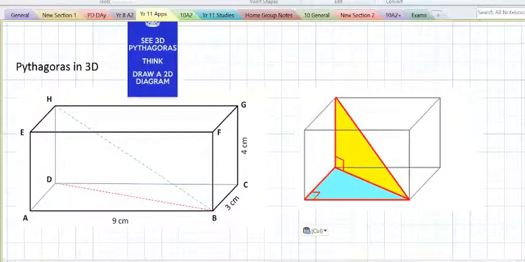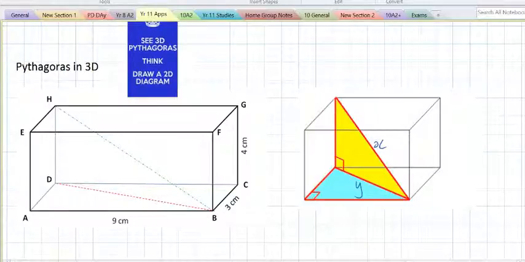And then once we've got that diagonal length and we know the height, we can find the diagonal right across the room. So our plan is to find this one first along the floor, and then from corner to corner we're going to do that.